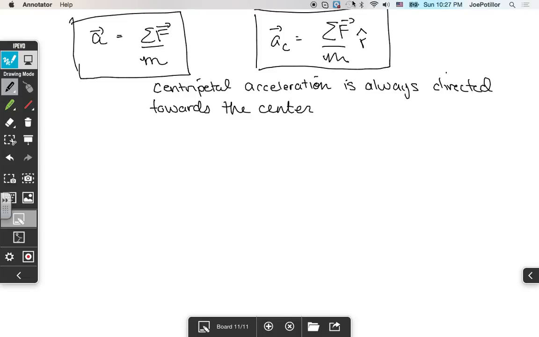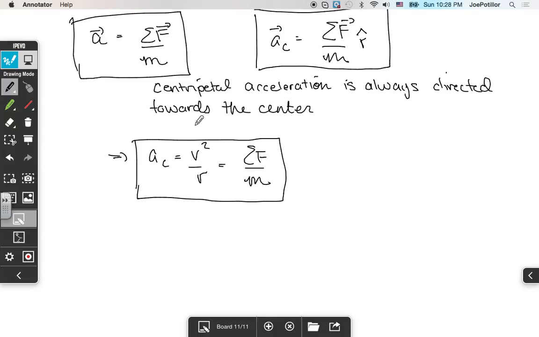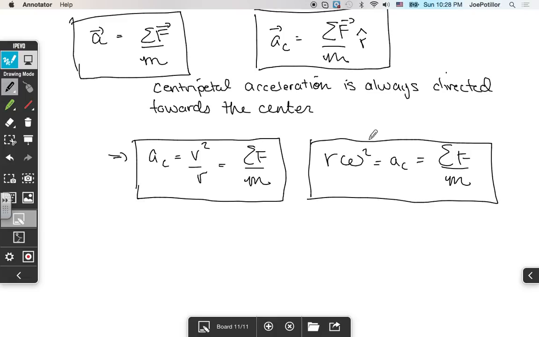And another way to write it, of course, we can write it like this as well. I could write centripetal acceleration equal to v squared divided by r, which shows you a very unique relationship. Or I could write it as this. Both are correct in writing the two different forms of centripetal acceleration here.